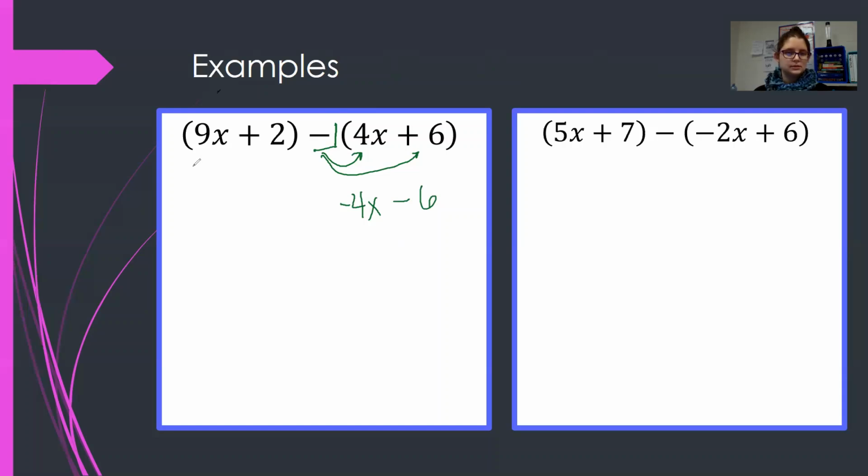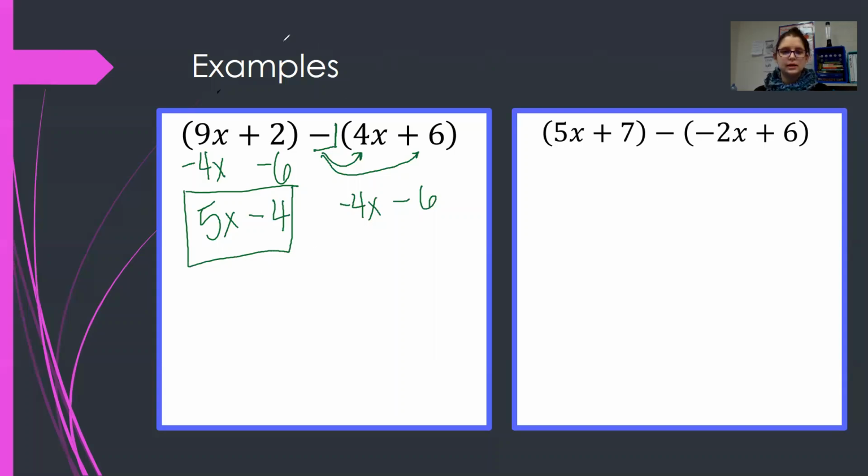We're going to stack them under their appropriate like terms. 9 minus 4 is 5x. Positive 2 and a negative 6, those are different signs. We subtract. 6 minus 2 is 4. I have more negatives, so it will be 5x minus 4 is my final answer.